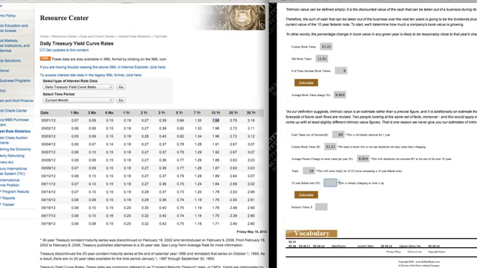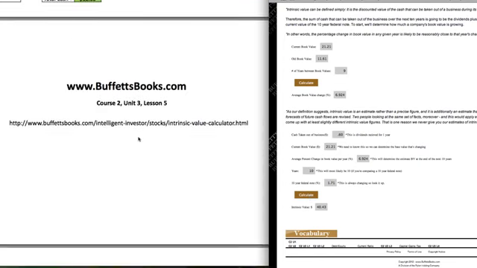So we're going to go ahead and put in 1.71, and we're going to hit calculate. And it says that the intrinsic value of Disney based off of those numbers is $40.43.